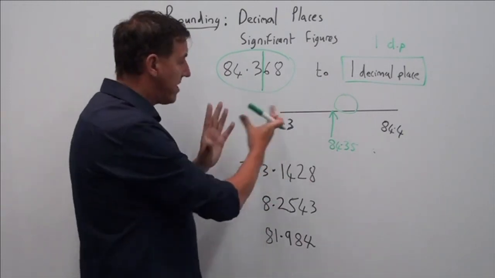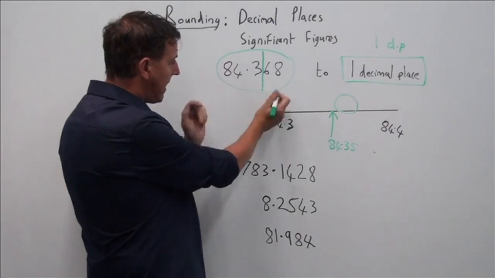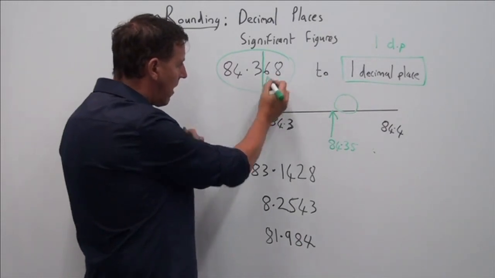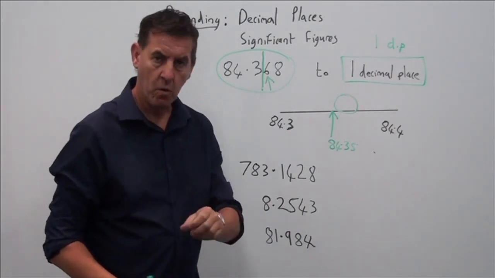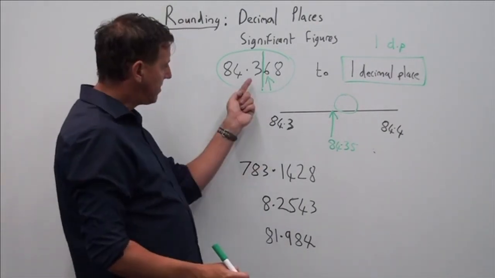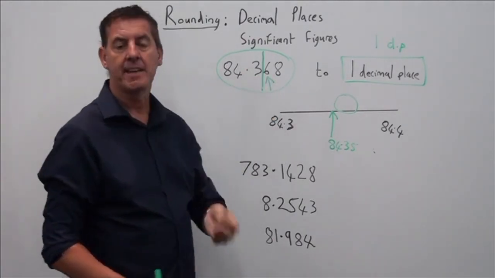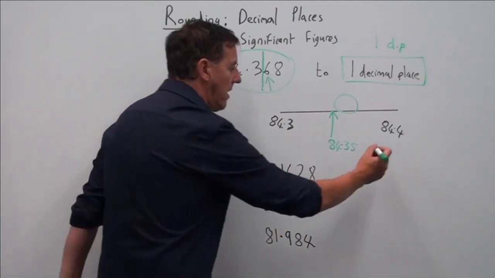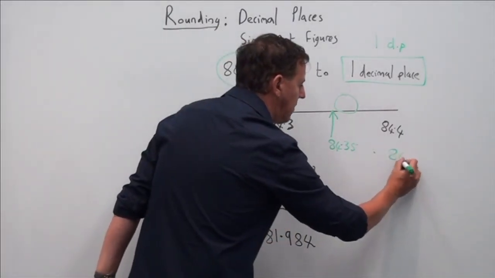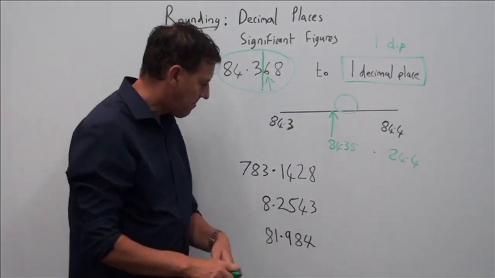What determines whether it stays there or goes up is that next figure. If that next figure is a 5 or more, then we need to increase that digit. Quite clearly here, the number is 6. So, to 1 decimal place, the answer would be 84.4.